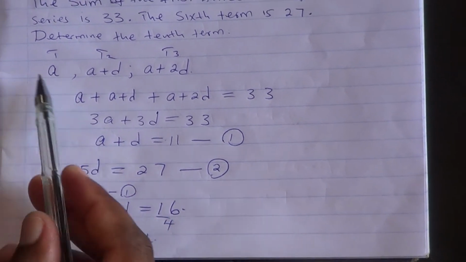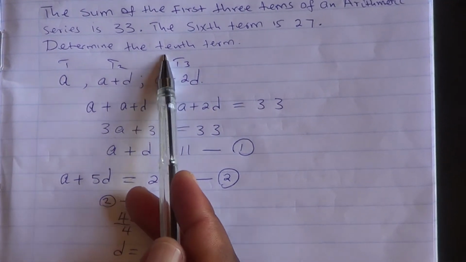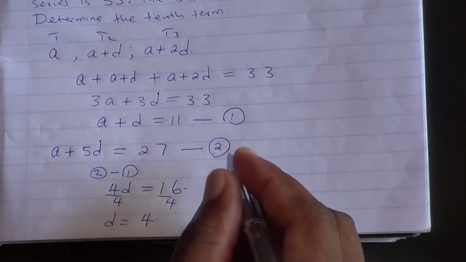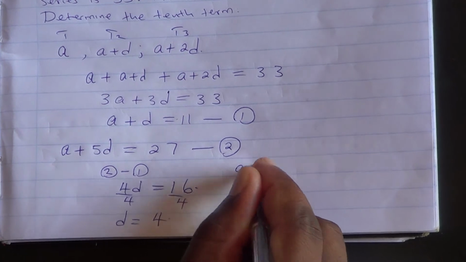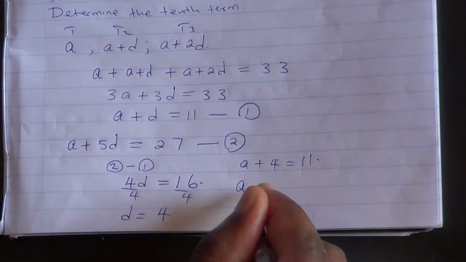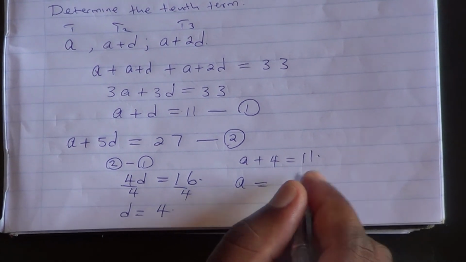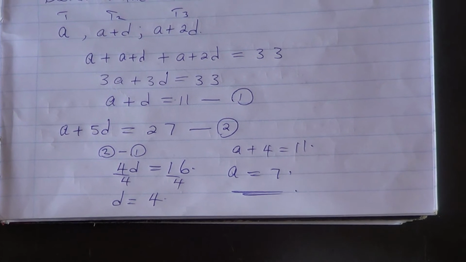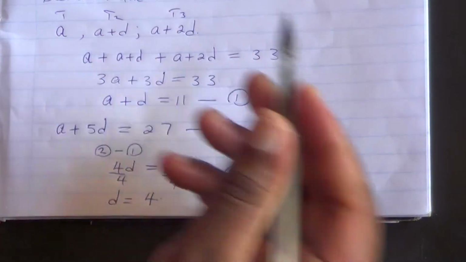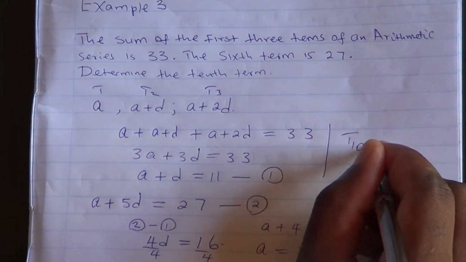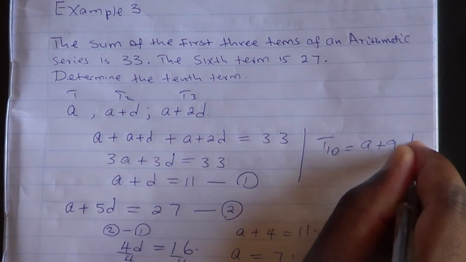Now, to determine the 10th term, we need a here. So we're going to take 4 and replace d here. It's going to be a plus 4 is equal to 11, which is going to be a is equal to 7. The value of a is 7. But the question is to determine the 10th term, T10. So T10 is a plus 9d.